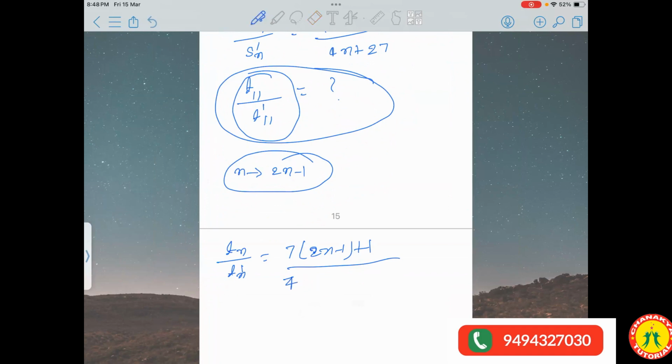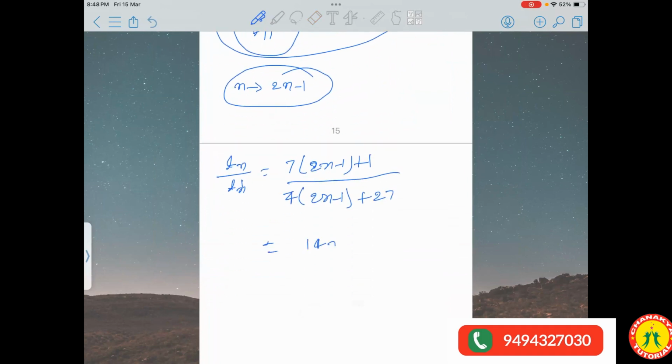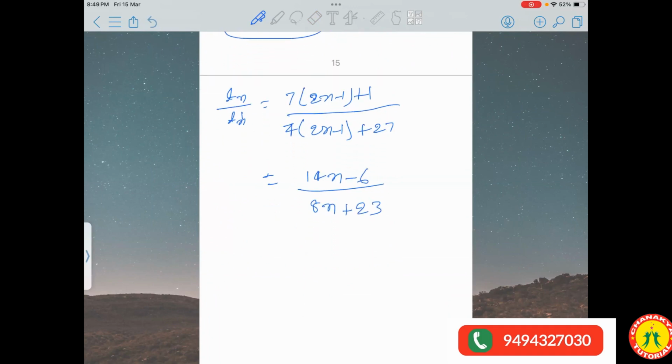Now 14n minus 7 plus 1, that is 14n minus 6, upon 8n plus 23. So now put n is equal to 11 because we need to find the T11 ratio. So we get 14 into 11 minus 6 upon 8 into 11 plus 23. So this will be the final answer.